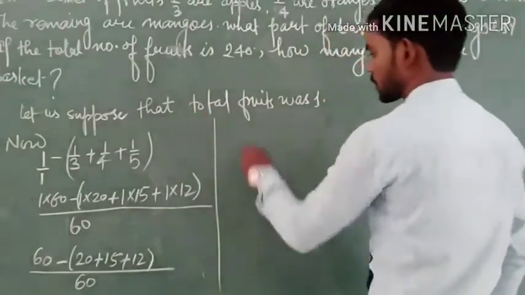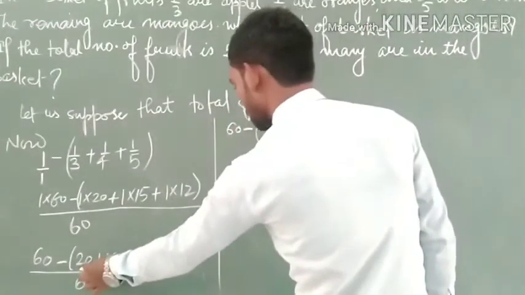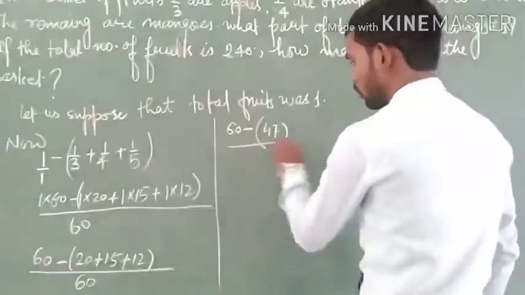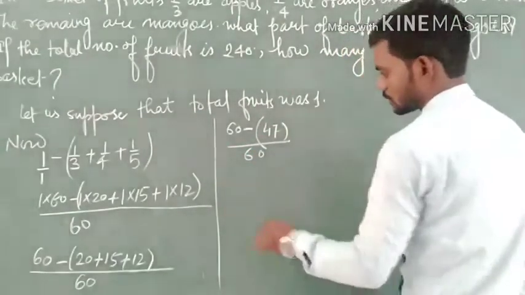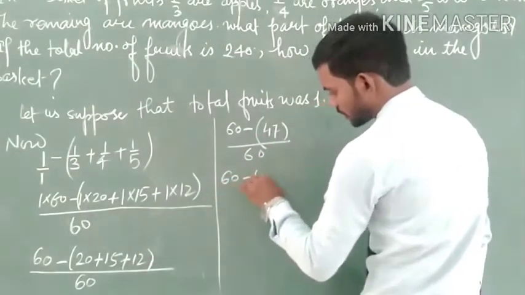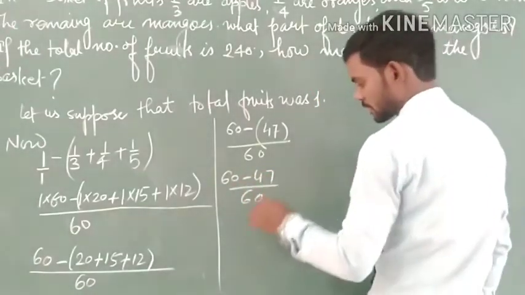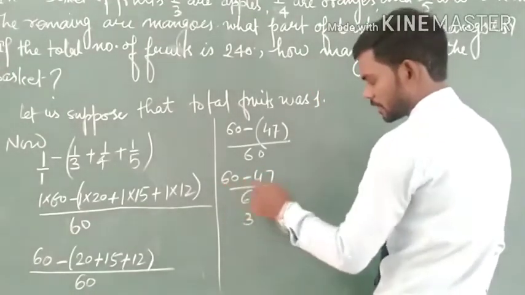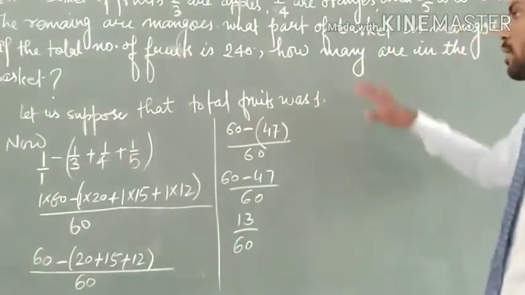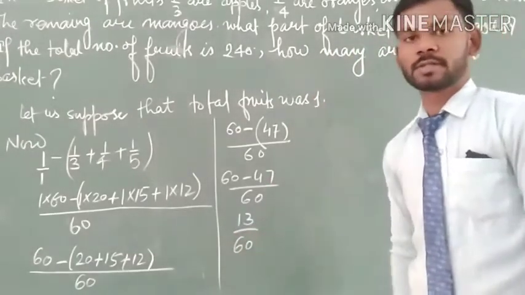Okay, and this will give us 60 minus 47 upon 60, that is 20 plus 15 is 35, 35 plus 12 is 47. Or you can solve this: 60 minus 47 upon 60, subtract 10 minus 7 is 3, 5 minus 4 is 1, so that the part of mango is 13 upon 60.